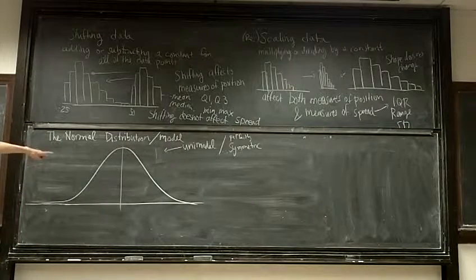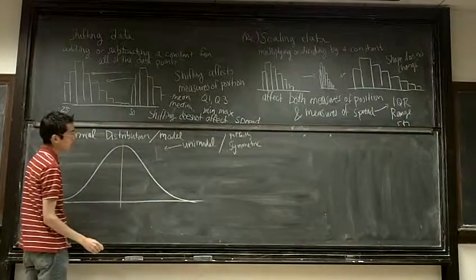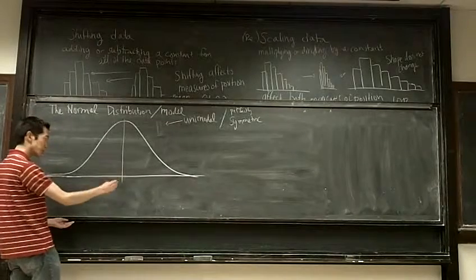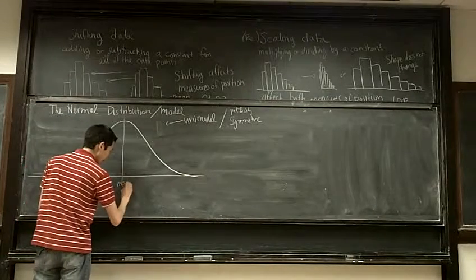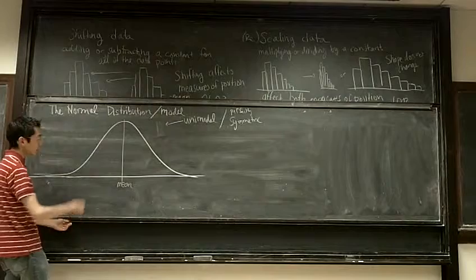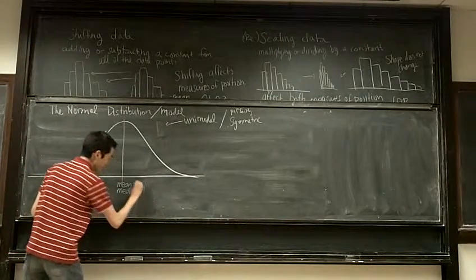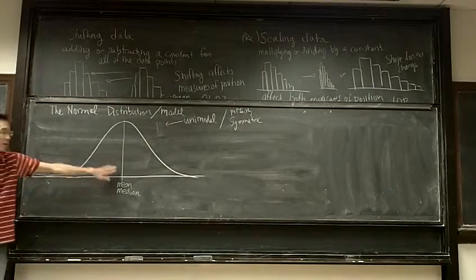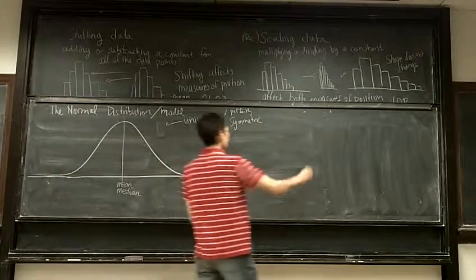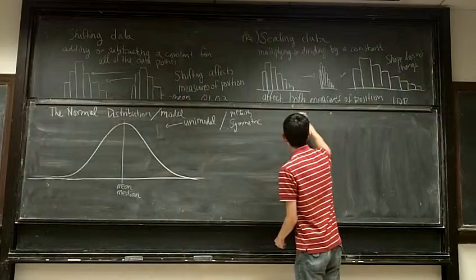Okay, so the center of the normal model, this is the mean. It also happens to be the median. Okay, so the mean and the median are both right here in the center. Okay, and that is given by the symbol mu.